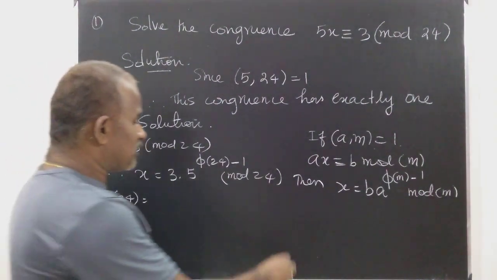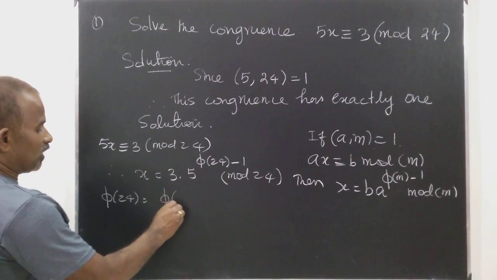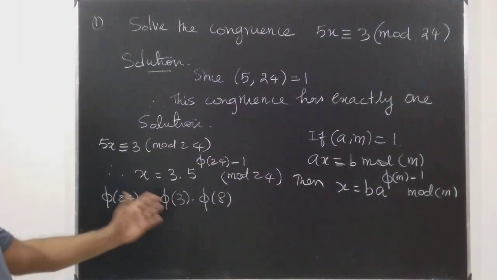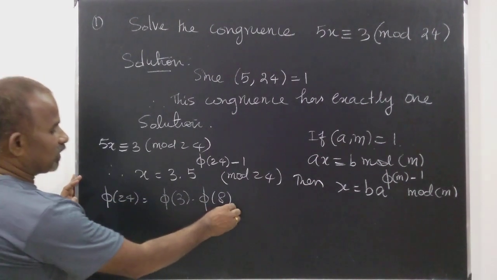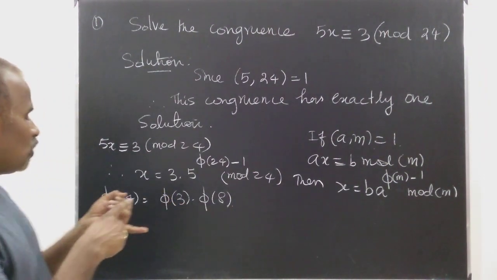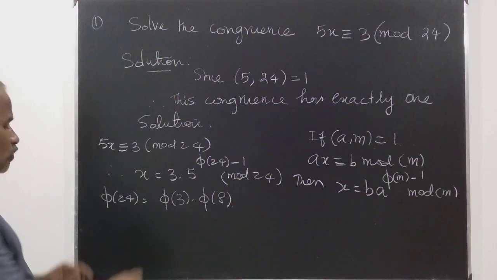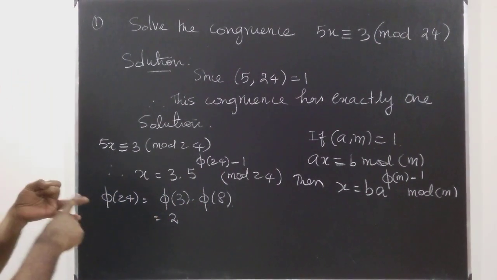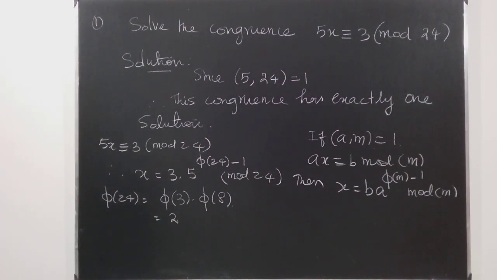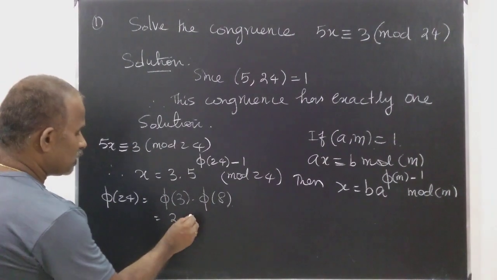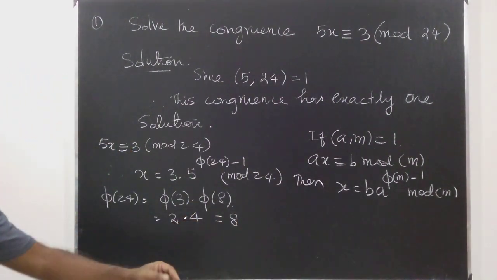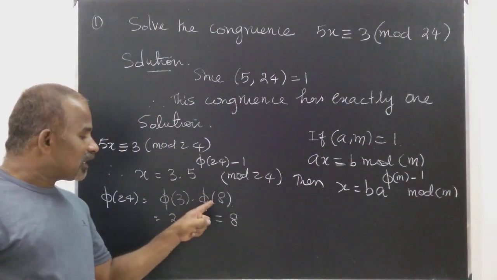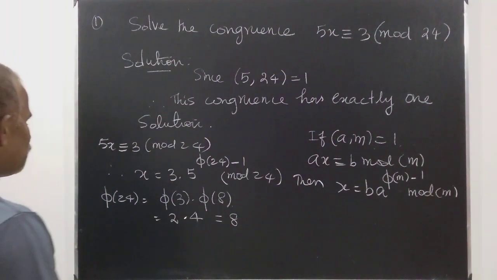We can find them one by one, or otherwise phi(24) is equal to phi(3) times phi(8), since phi is multiplicative. Phi(3): 1 is relatively prime, 2 is relatively prime, so there are 2 numbers. For 8: 1, 3, 5, 7 are relatively prime to 8, so phi(8) is 4. Therefore phi(24) is equal to 8. Understood?